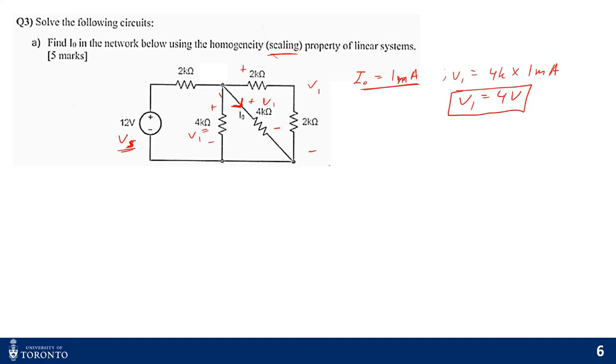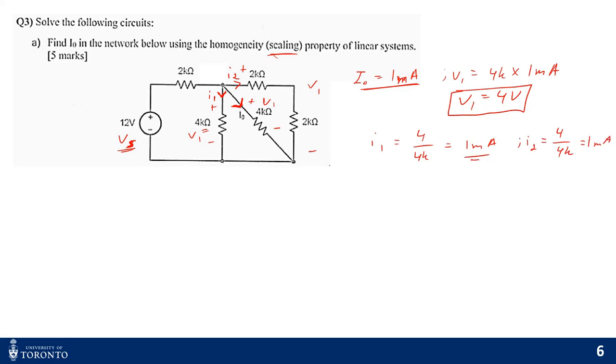If I call the current through this 4K I1 and this current I2, I can find I1 and I2. My I1 should be 4 volts divided by 4K, which is 1 milliamp. Similarly, my I2 is 4 by 4K, also 1 milliamp.